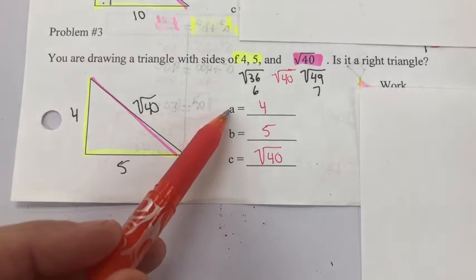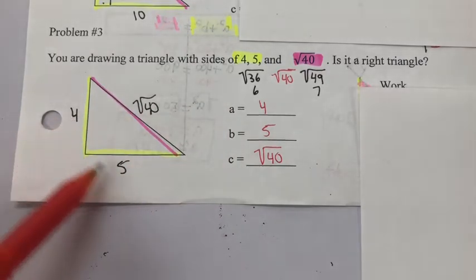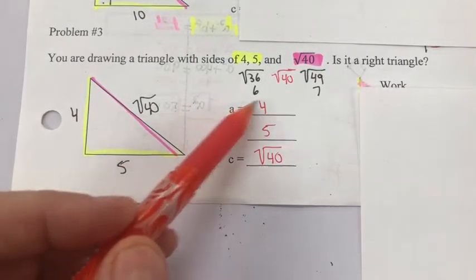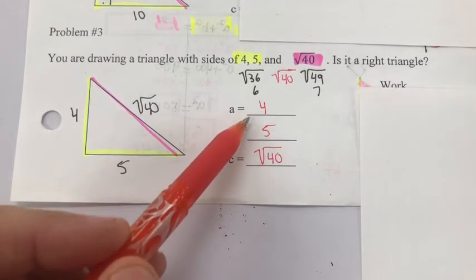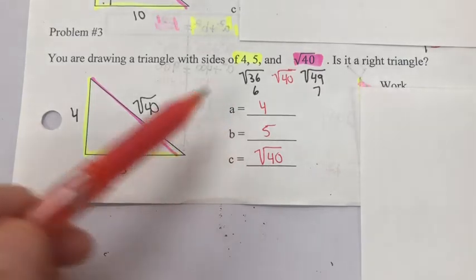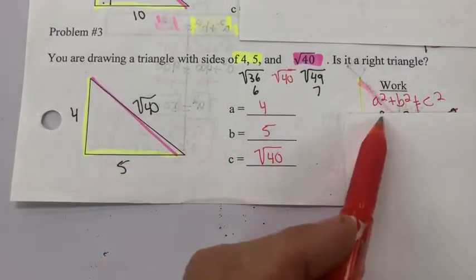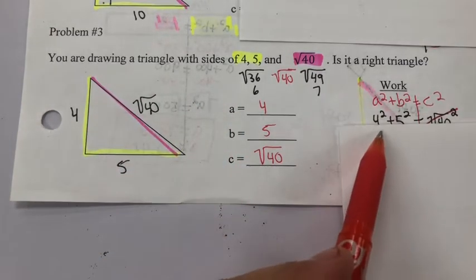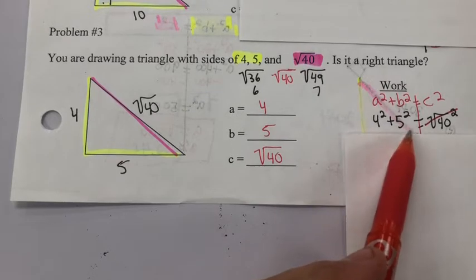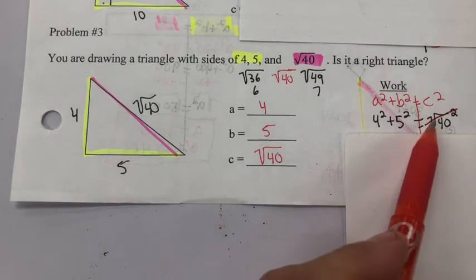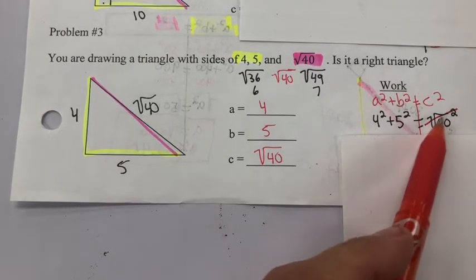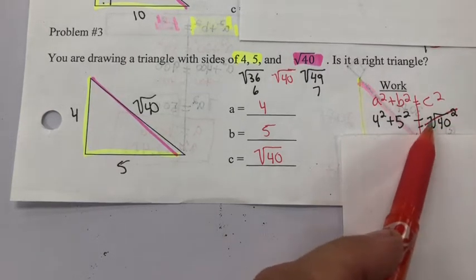It doesn't matter which leg you choose as a or b, but just out of habit, I choose the smallest value for a. So a squared plus b squared equals c squared. I have 4 squared plus 5 squared equals the square root of 40 squared. And again, taking the square of a square root, those cancel each other out.